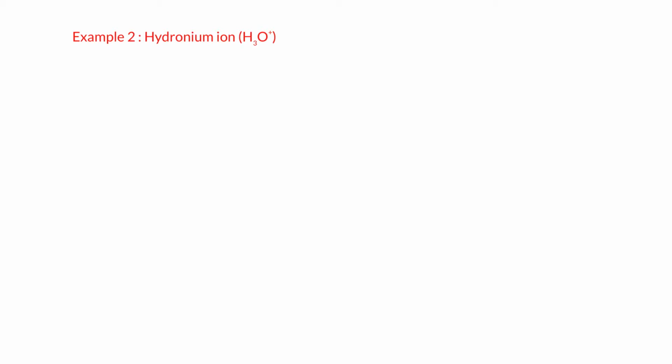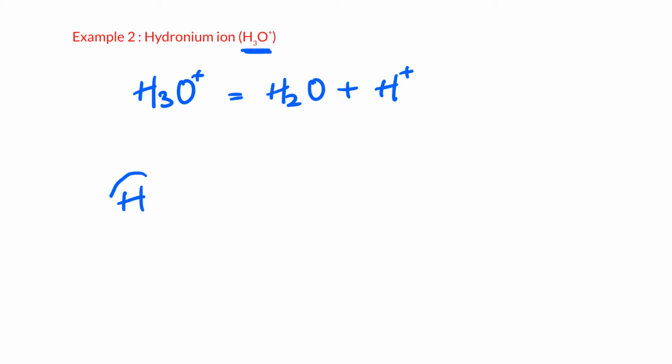The second common example is the hydronium ion. This H3O+ is formed from an H2O and an H+. So you've got H2O like this.